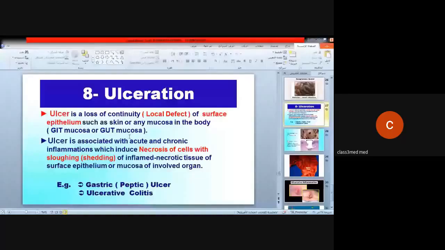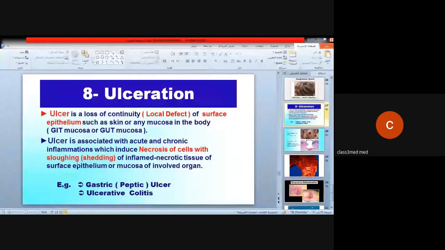So when there is acute or chronic inflammation, it induces necrosis of the cells with sloughing and shedding of the inflamed necrotic tissue of the surface epithelium or mucosa of the involved organ, leading to formation of an ulcer.